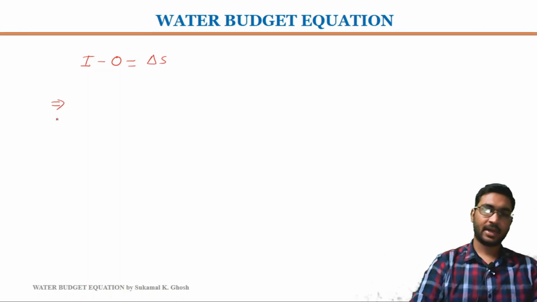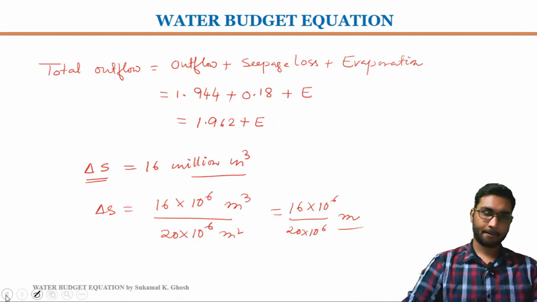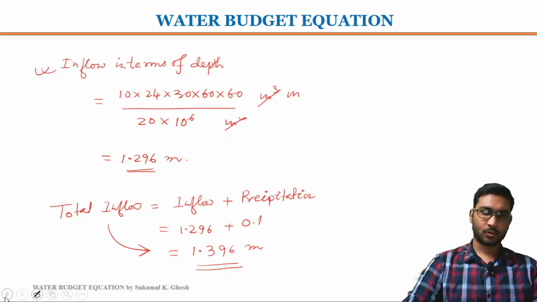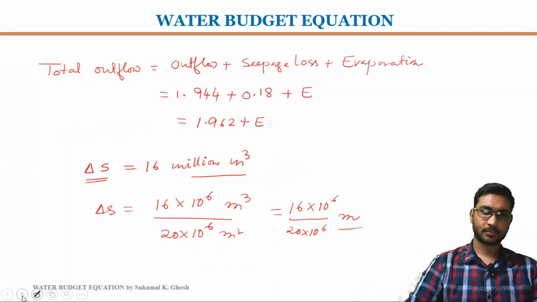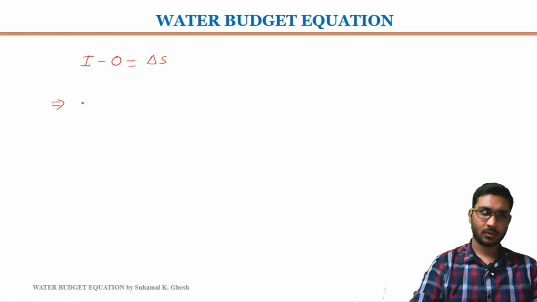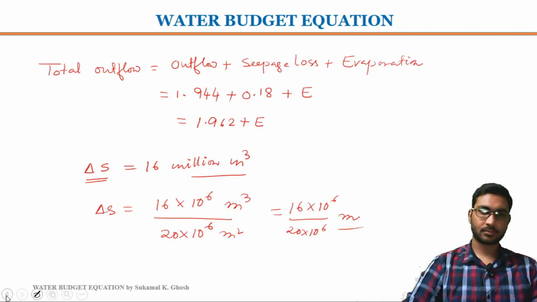So the value of I, the total inflow was 1.396, minus what is our outflow? See, this is the value of outflow.